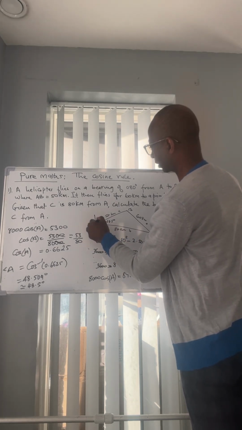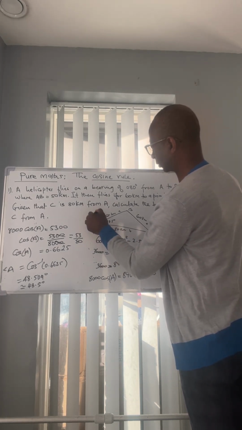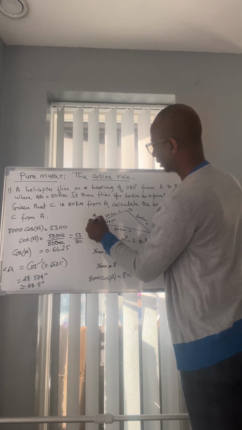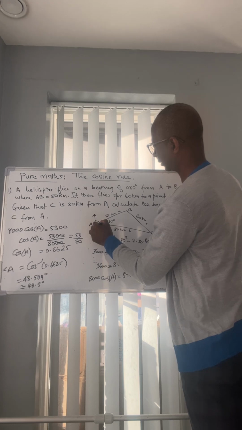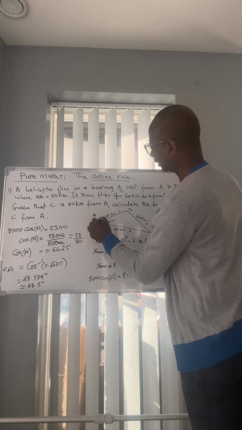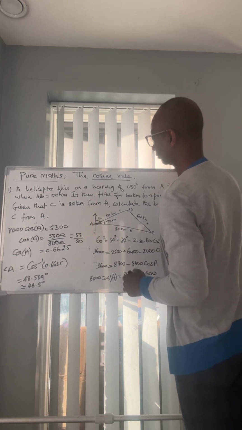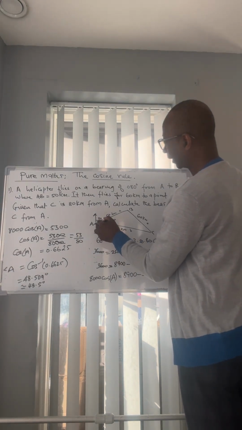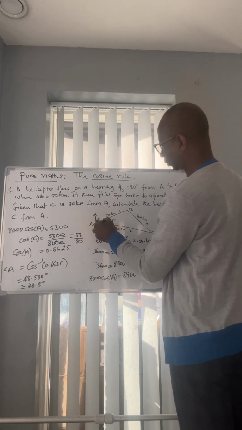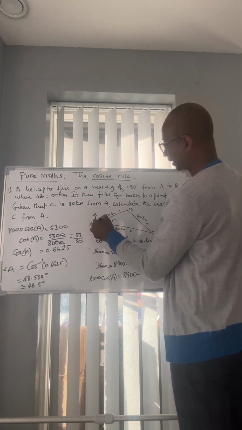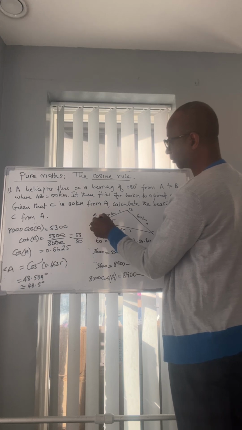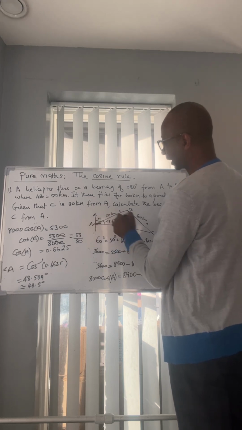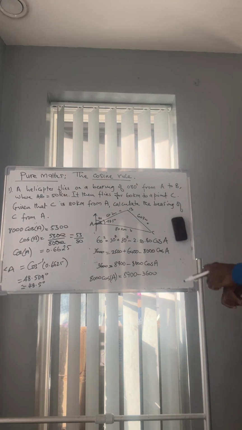But from the North Pole, as we said before, up to this line here, we already had 80 degrees. Correct? We already had 80 degrees up to here. So because we are measuring from the north, we need to add that 80 degrees to this 48.5 degrees.